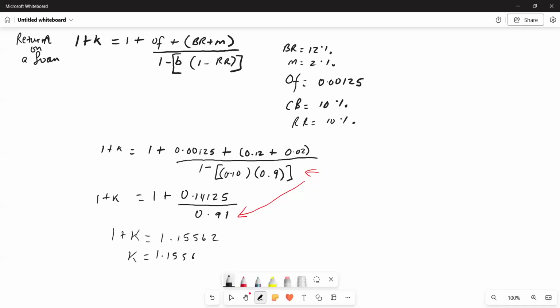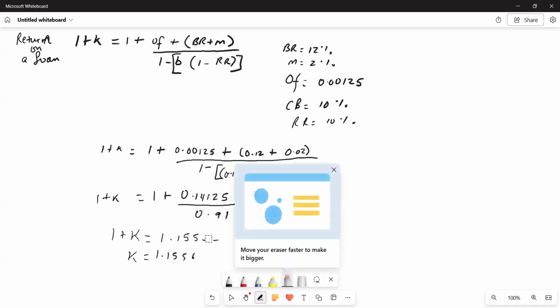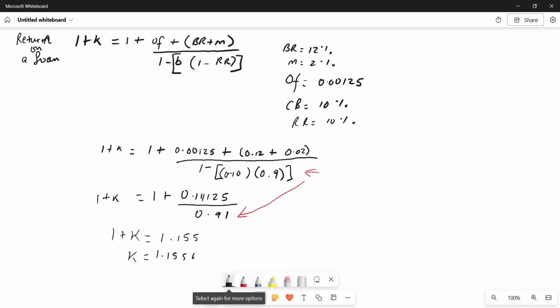Sorry, not 62. I made a little error there. It should be 1.1552. Let's erase that there. That's wrong. Okay. Minus 1. So K is equal to, let's fix my K there.